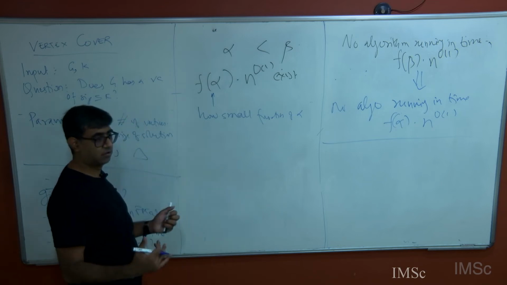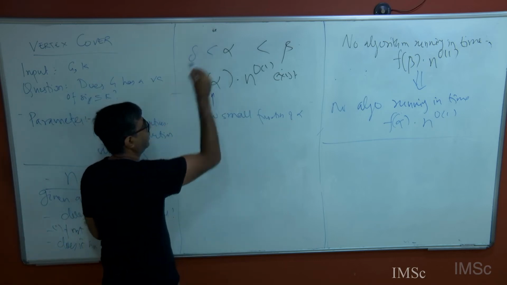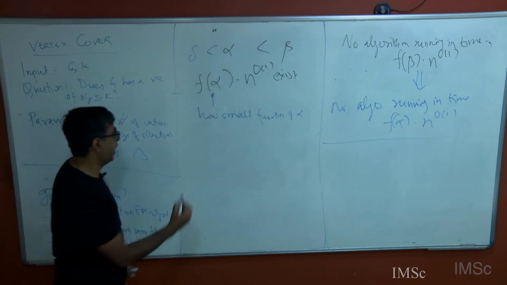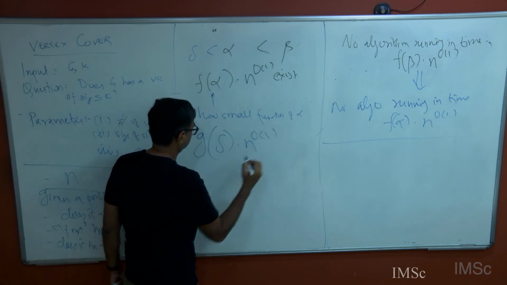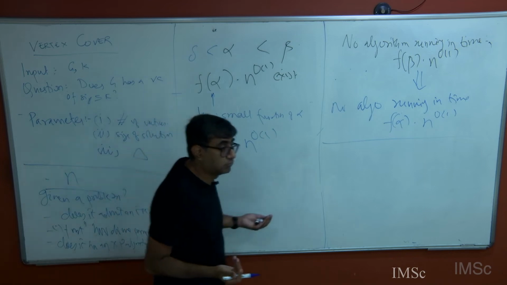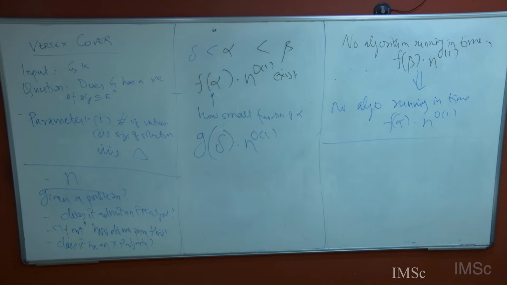I design an algorithm, but I say, hey, for example, if I found some number delta which is even less than alpha and for which we can design such an algorithm, then in some sense, it's about the running time of the algorithm for a problem and we want to bound it.